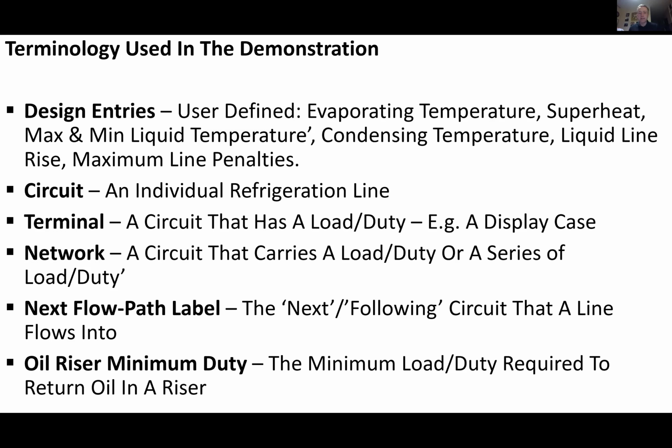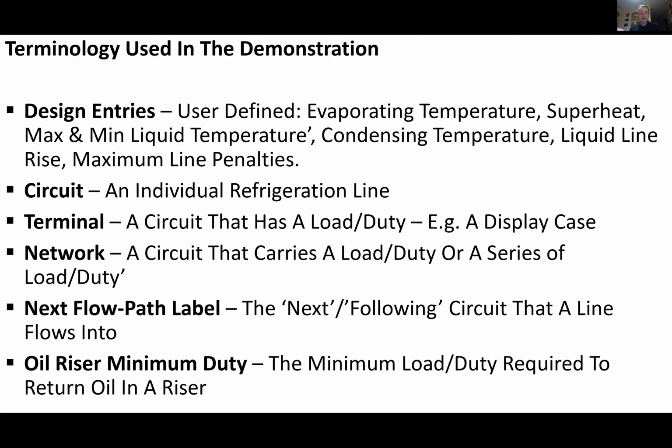Enter a condensing temperature, liquid line rise. What I mean there is, if your plant, and in this demonstration it's at ground level, is lifting up to go into the store, we're looking at sort of 12, 15 feet. And an important consideration, it allows the user to put in maximum line penalties by line type: suction line, liquid line, discharge line. So it allows the user to specify what's important to them.